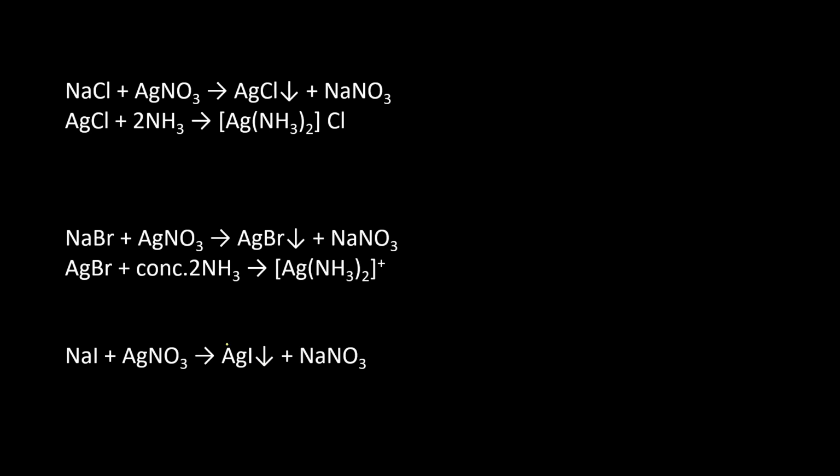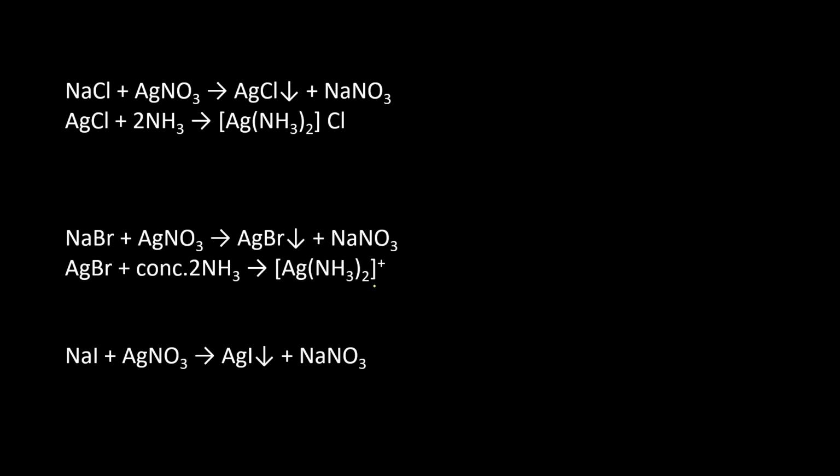Why? Because this silver iodide has a very low solubility product, so it tries to remain in the solid state. That means in that solid state, it is tightly bound. Number one. And then number two, if silver iodide reacts with ammonia, it forms a silver amine complex. This silver amine complex is not very stable.